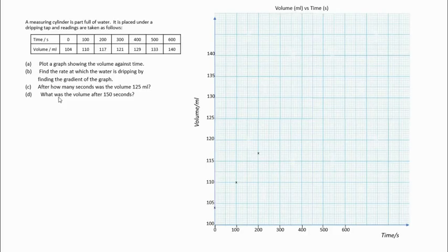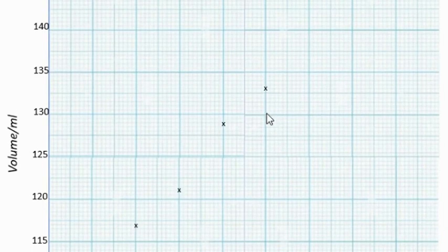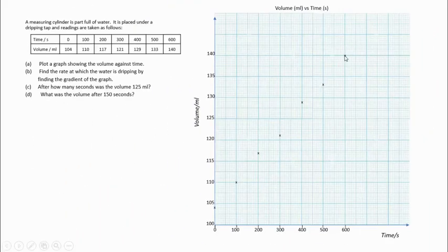And we continue to plot the points. 121 to 300. 400 goes to 129. 500 goes to 133. Remember, it's 2 divisions to 1. So 131, 132, 133. And 600 goes to 140.